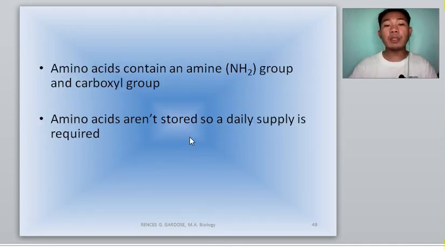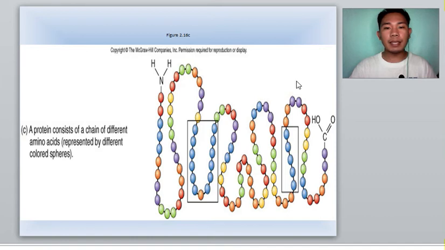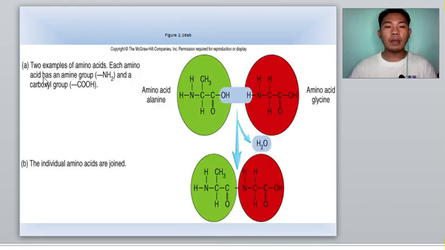In organic chemistry, amino acids contain an amine or the NH2 group and a carboxyl group. So amino acids aren't stored, so a daily supply is required. So this is an example of a polypeptide chain. Here, the two examples of amino acids.